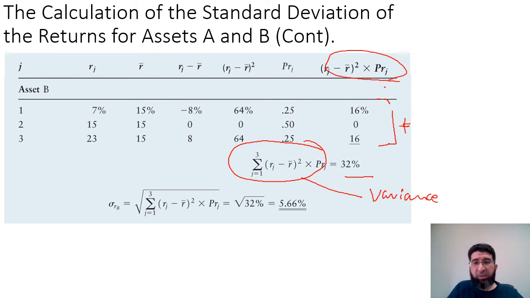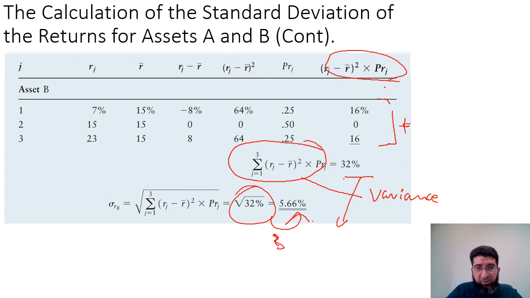We want to calculate the standard deviation, which is well interpreted and clear. Variance is also very useful, however, for the time being, we limit our discussion to standard deviation only. So take the square root of 32%, and we get 5.66%, which is the standard deviation.